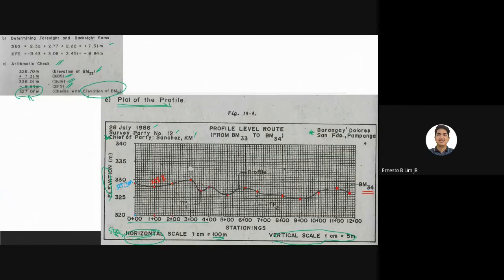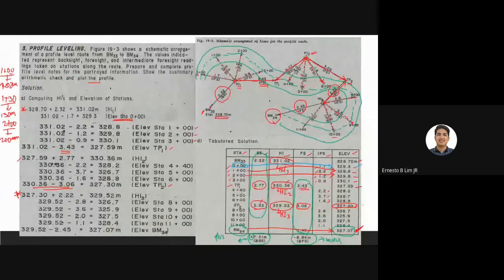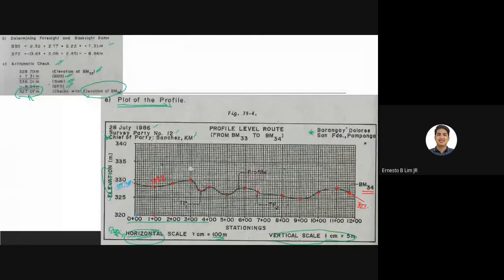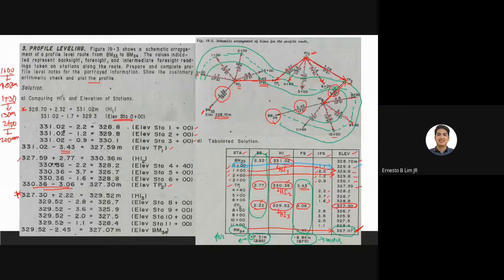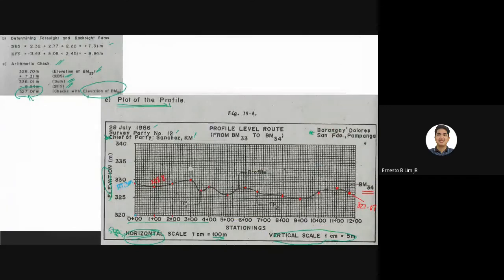So if you try to plot it here, then this point here for BM34 is 327.07. Okay, so for 11 plus 00, the elevation there is 328.4. So this point is 328.4 meters.